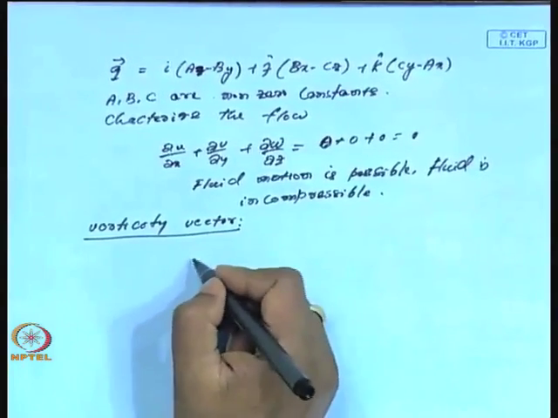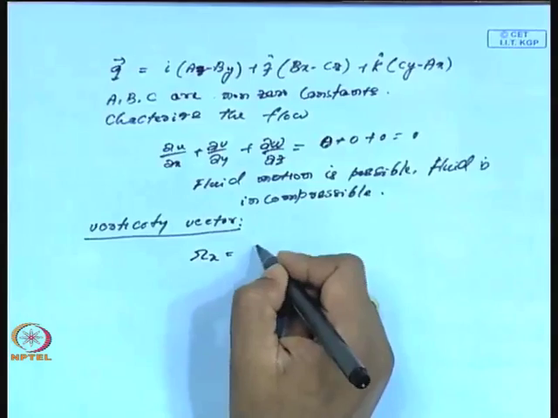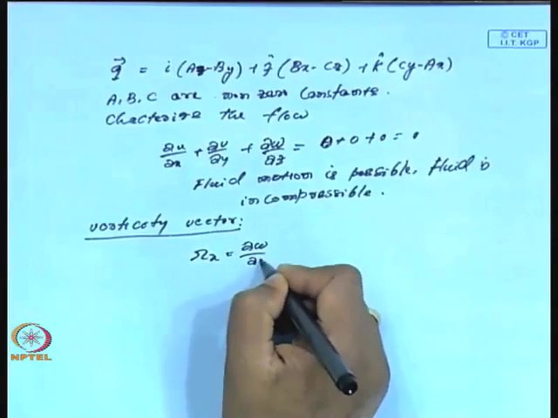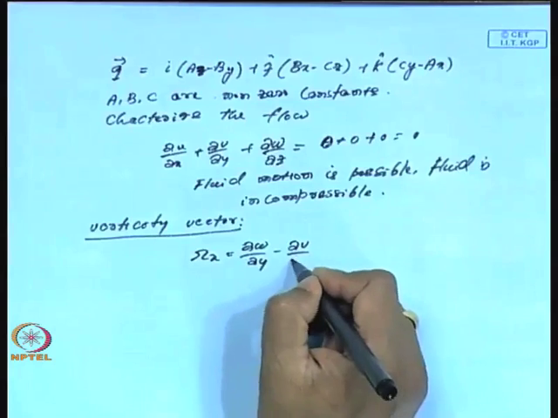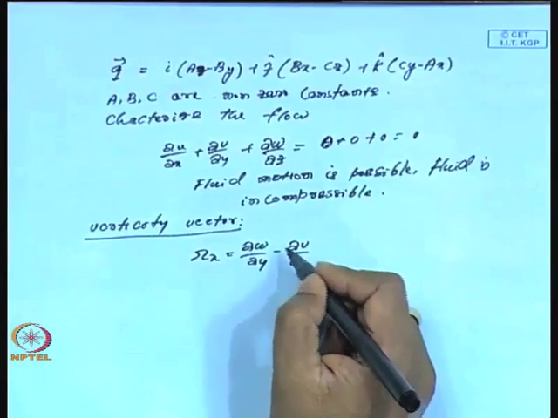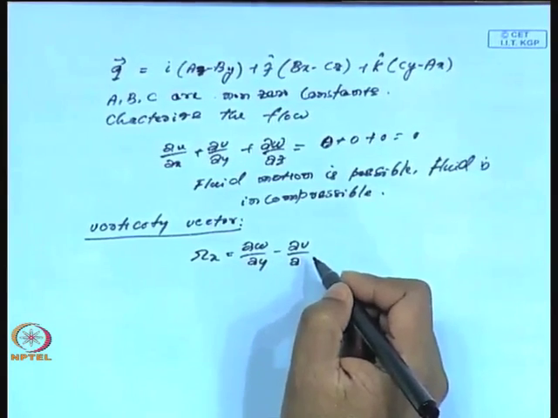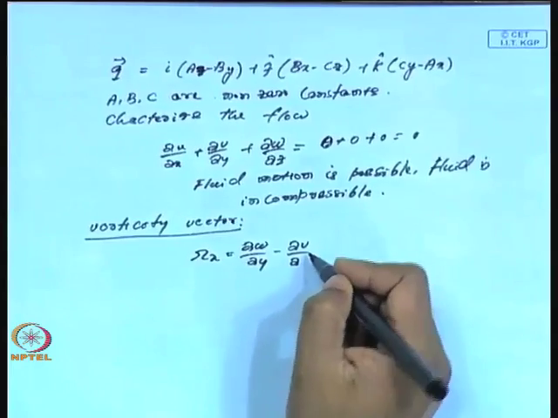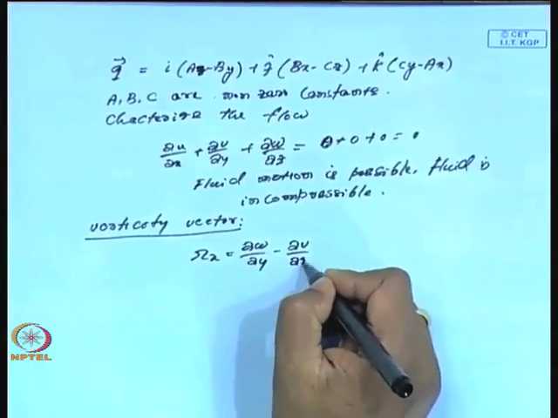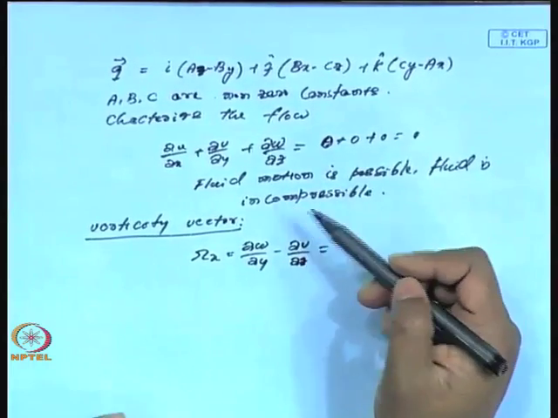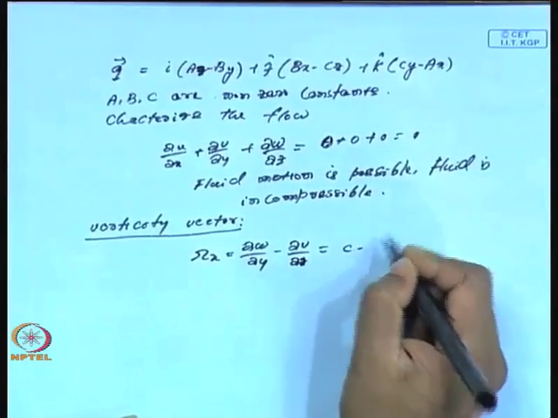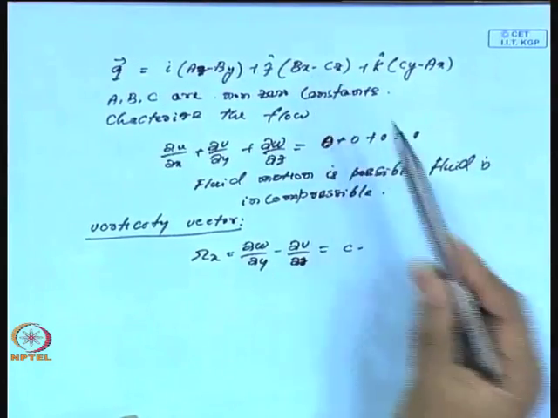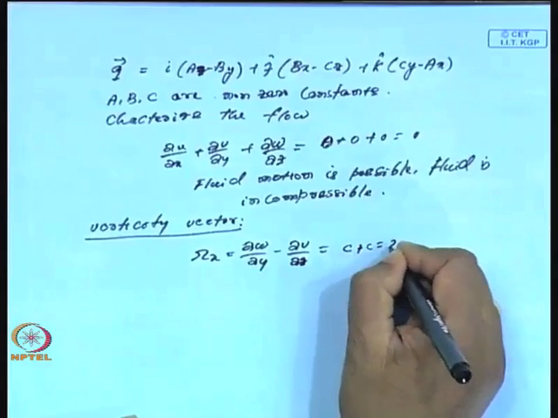In this case, we have omega x equal to del w by del y minus del v by del z. Del w by del y is c, minus del v by del z is plus c, so this is 2 c.